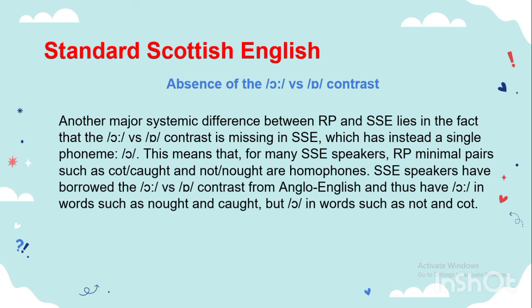This means that for many SSE speakers, received pronunciation minimal pairs such as caught and cot are homophones. Many Standard Scottish English speakers have borrowed the contrast from Anglo-English and thus have one vowel in words such as not and caught, but another in words such as not and caught.